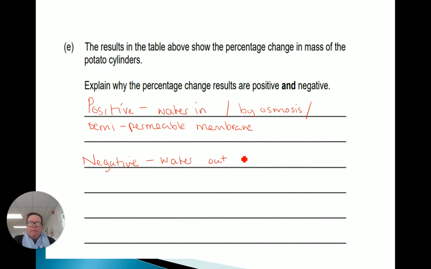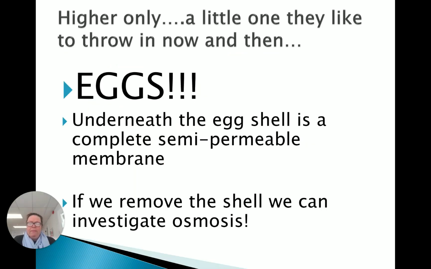Water moves out by osmosis, and both of them are from high to low concentration. This is because it's explain. So this is where biology words come in. Okay, hopefully you're all okay with that one.